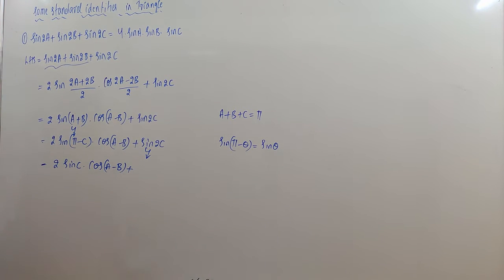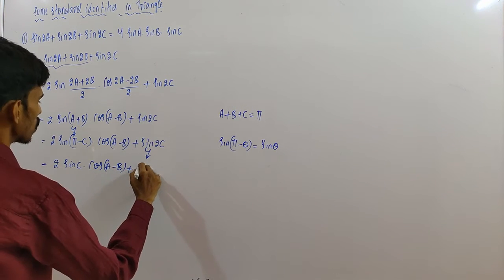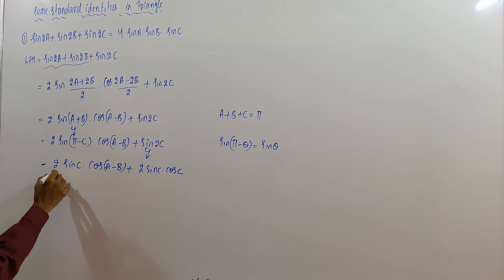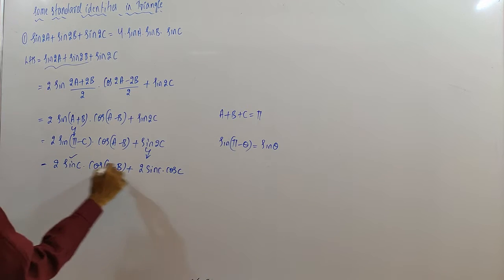Now this sin 2C can be written as 2 sin C into cos C. Here we have 2 sin C, 2 sin C, take these two common.